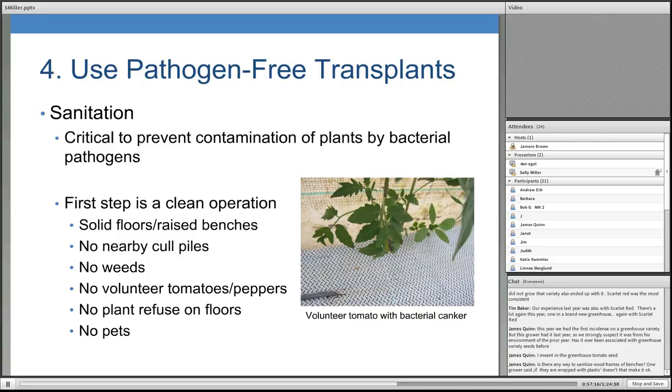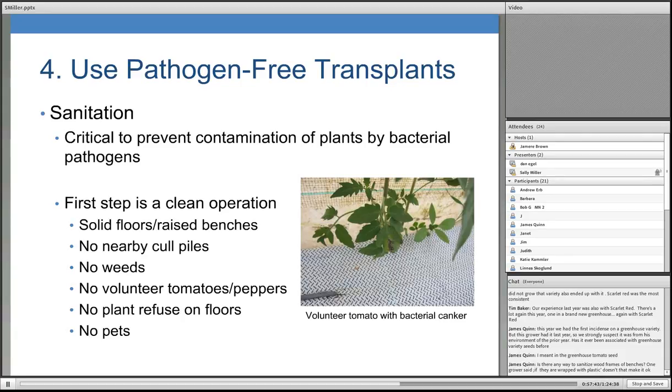Sanitation, unfortunately, requires a lot of diligence on the part of the greenhouse operators or growers. People get busy, and it's sometimes difficult to keep up, but once a problem has happened in an operation, because of the losses that can come about, people may be more willing to look at these practices.